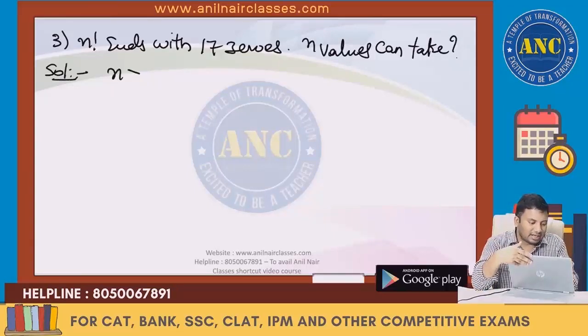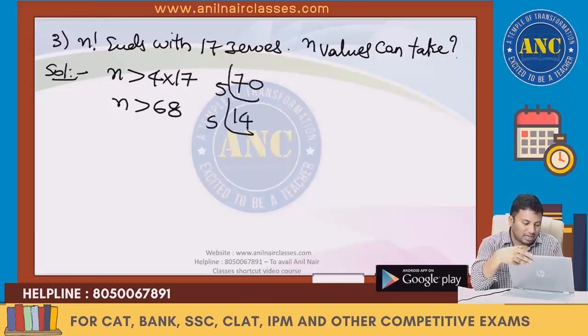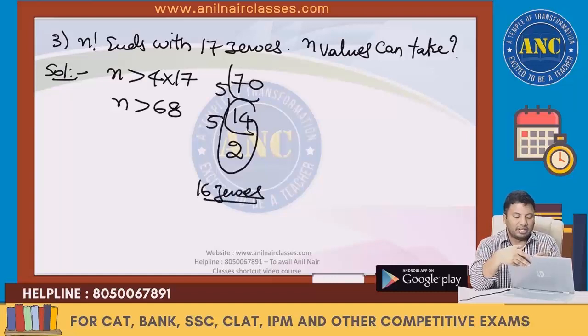So n is greater than 4 into 17. N is greater than 68. What is the multiple of 5 just greater than 68? 70. 70 is nothing but 5 14s are and 5 2s are. 14 plus 2 is 16 zeros. I want 17 zeros.